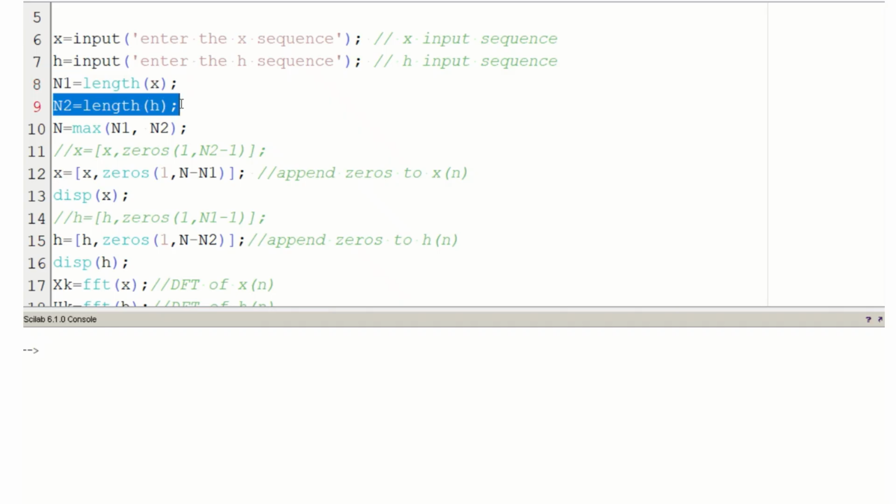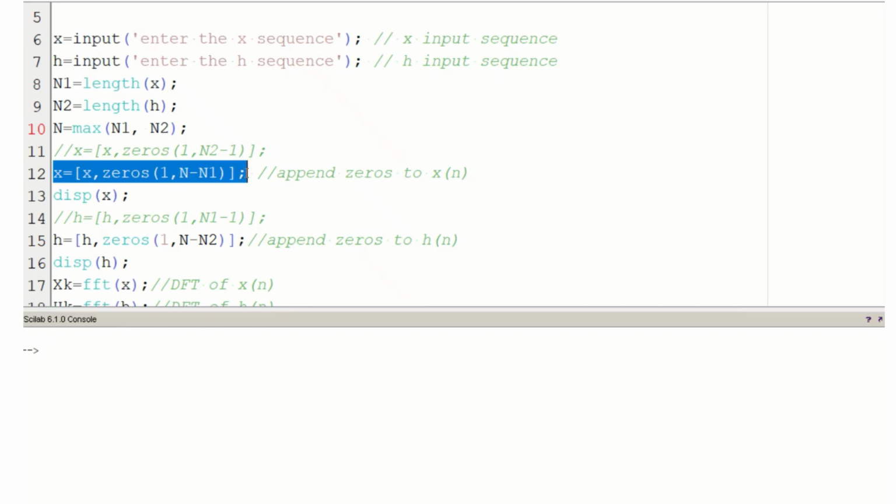Then as per the procedure we need to identify the maximum length of the given two sequences, and that is being done in this line. Right? Then after, if both the sequence lengths are same, then no problem, we can just proceed with that. If not, then we need to make up the length of the sequences to the same length by putting zeros at the end of the sequence, and that will be done in this line.